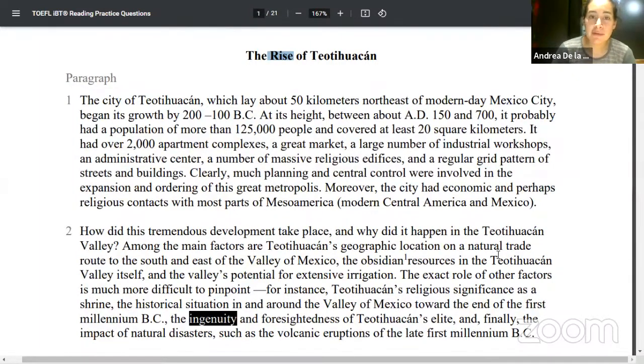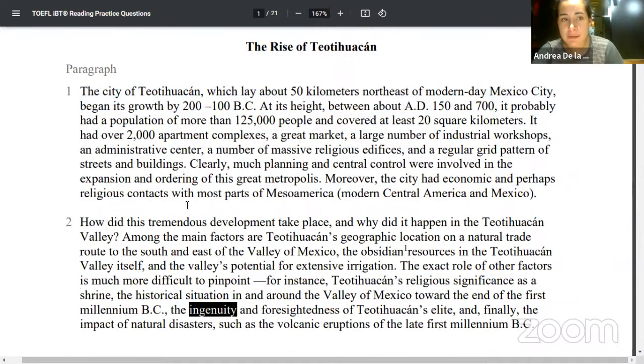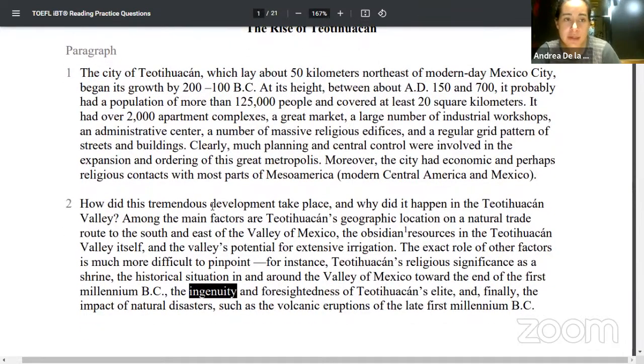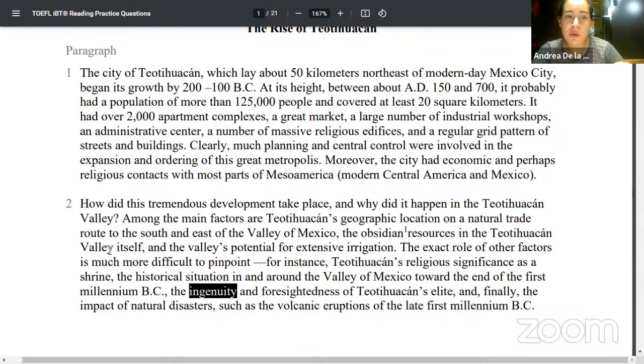So that's kind of the vibe that I get. But let's see. We're going to start reading the first lines of each paragraph and basically try to understand the main ideas of each paragraph. I'm going to give you a few seconds. Please scan these 2 paragraphs and you're going to let me know what the main ideas of each one are. Okay, guys? A few seconds.